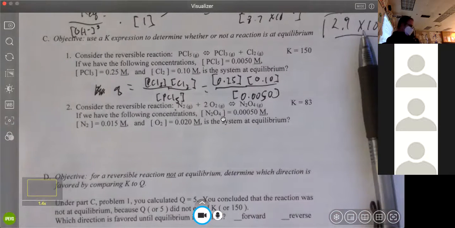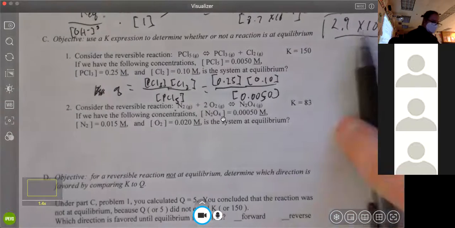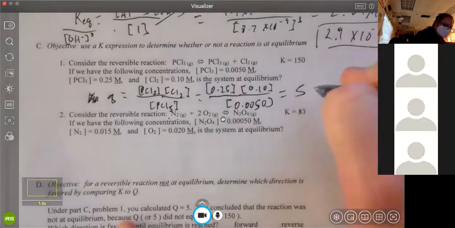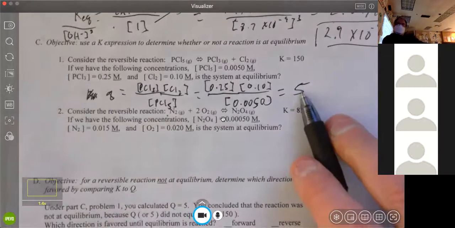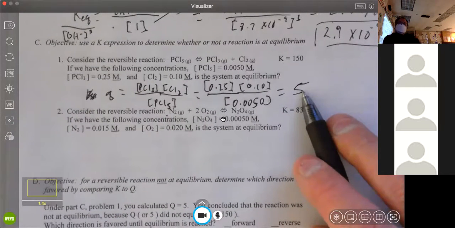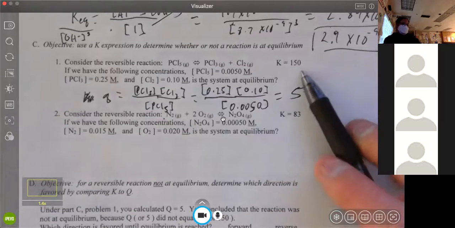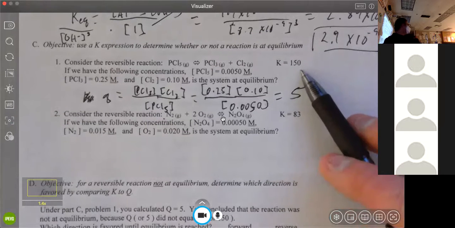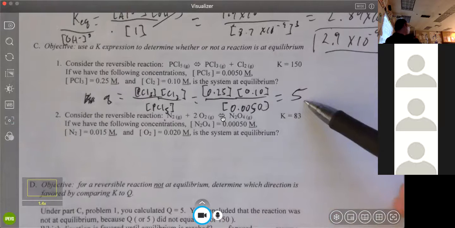Products over reactants, 0.25 times 0.1 divided by 0.005. We get 5. That is Q. How does that compare to K? K is much greater than 5, we could say, right?